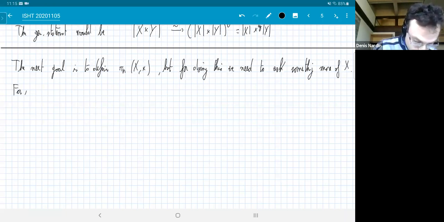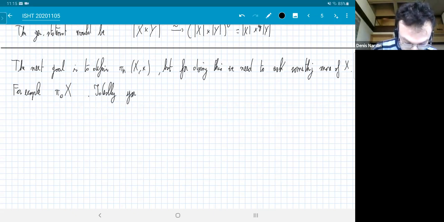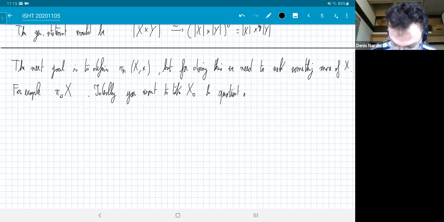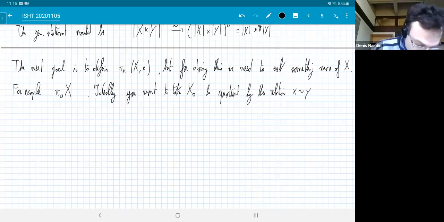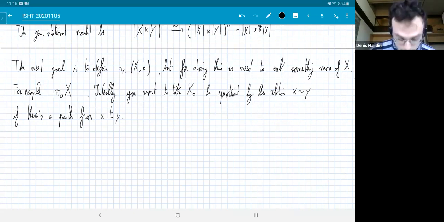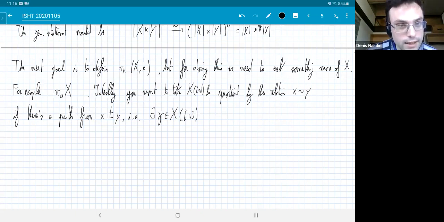So for example, let's define pi 0 of X. Ideally, you want to take X0, the set of points, and quotient out by the relation X is equivalent to Y if there's a path from X to Y, i.e. there exists gamma in X, sorry, sometimes I write X lower n to denote the value of X at bracket n.